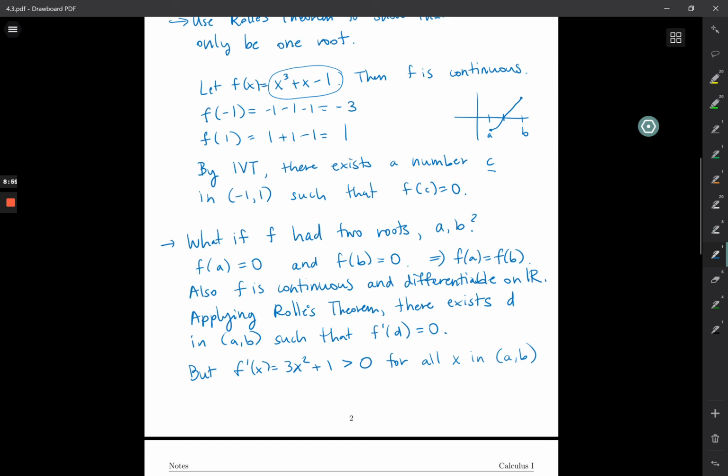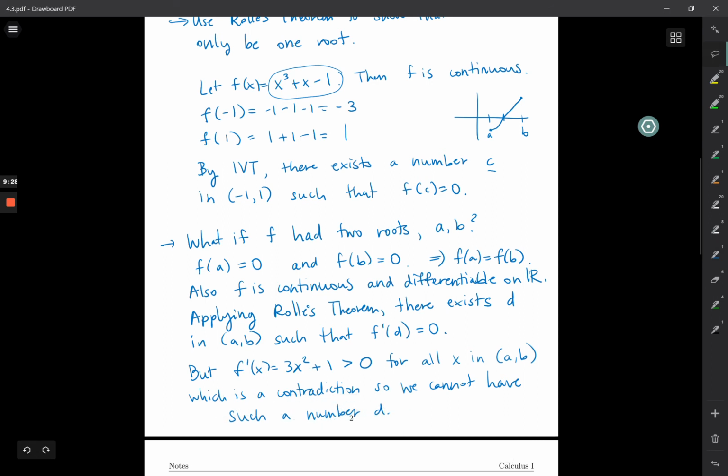Okay, so this is a contradiction. So we cannot have such a number d. And that means that, sorry, that was the wrong conclusion.